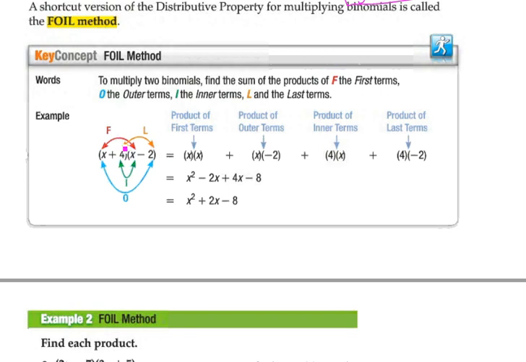So again, a third way that you can think about that. First, outsides, insides, and last. That's exactly what we do with using the distributive property, but sometimes having a nice little mnemonic device to help you stay focused does work as well. So if you hear use the FOIL method to simplify these two binomials, that's what they're meaning. First, outsides, insides, last.